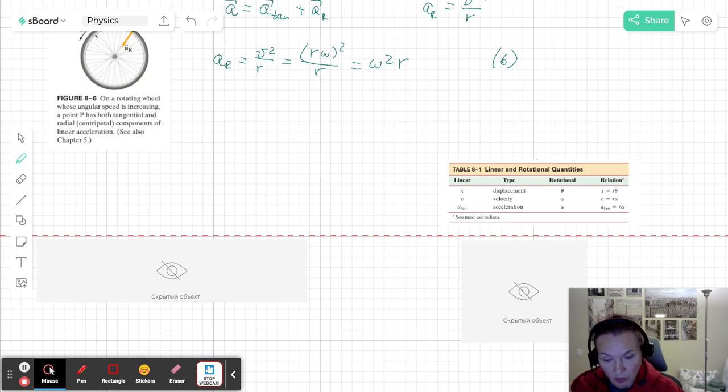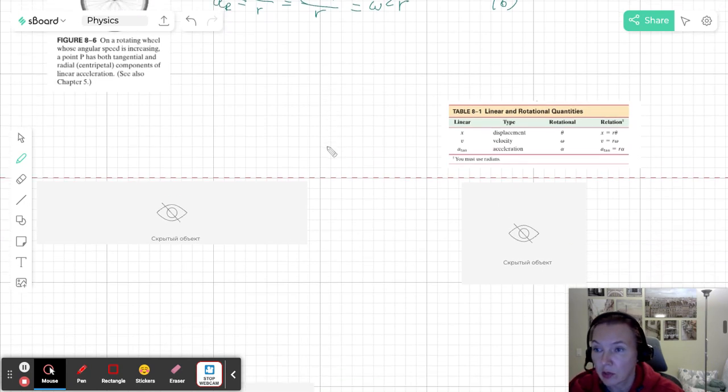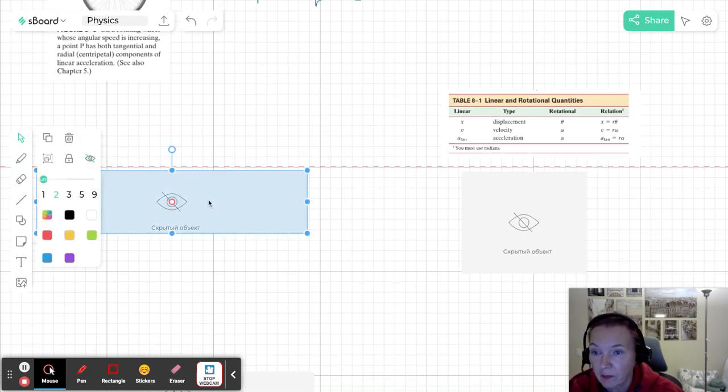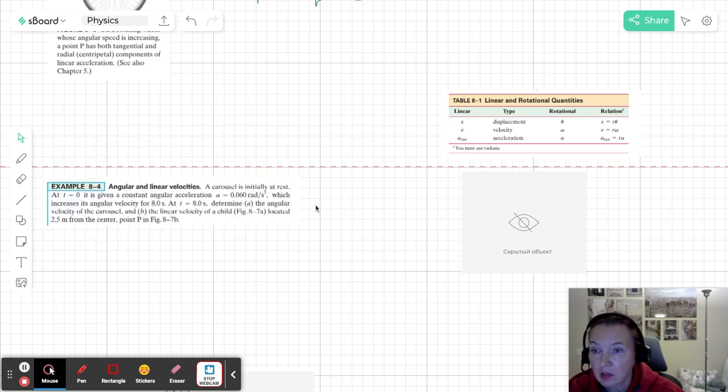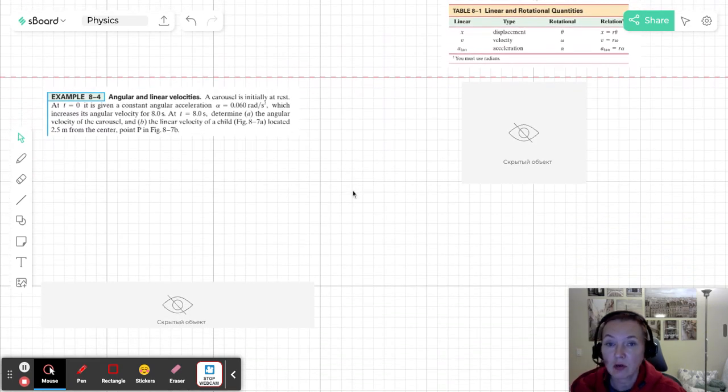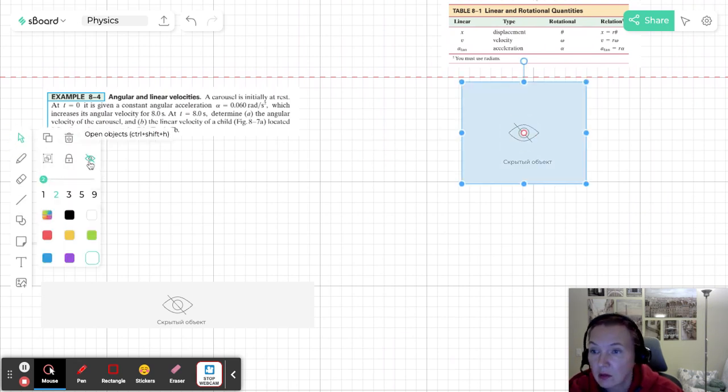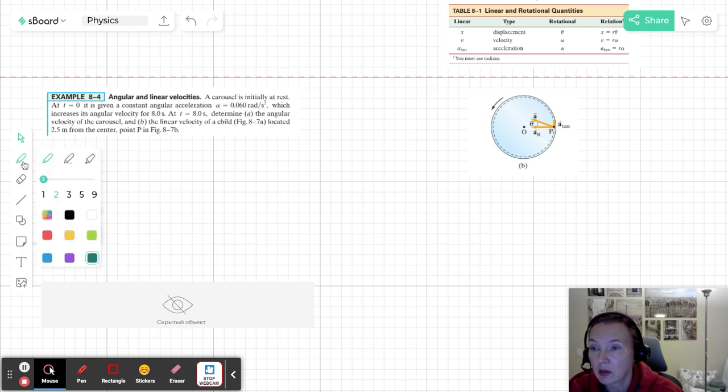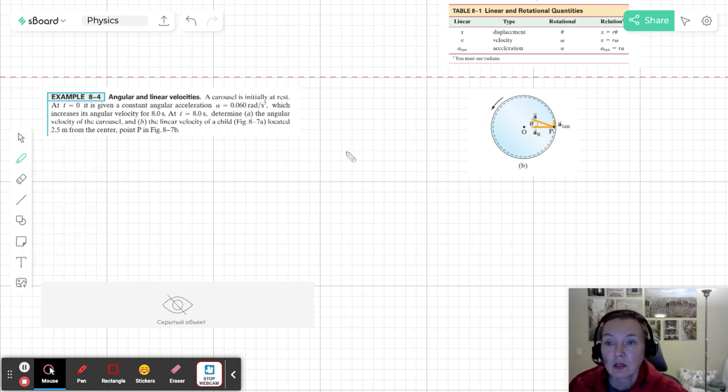Now we have a couple more examples to look at. Our first example is about angular and linear velocities of a carousel, people moving on a carousel, a merry-go-round. The carousel is initially at rest at t equals 0.